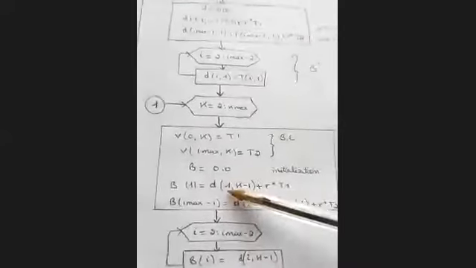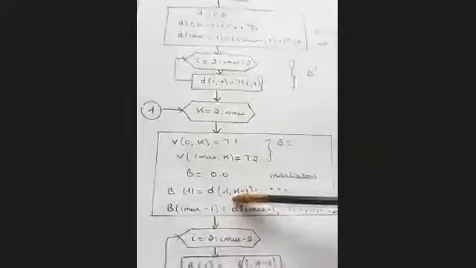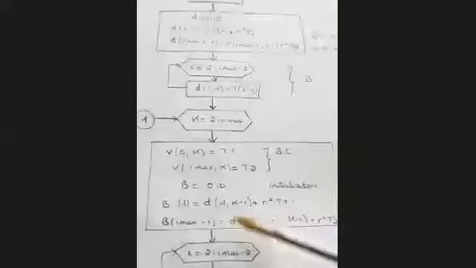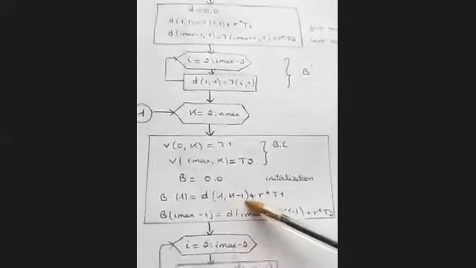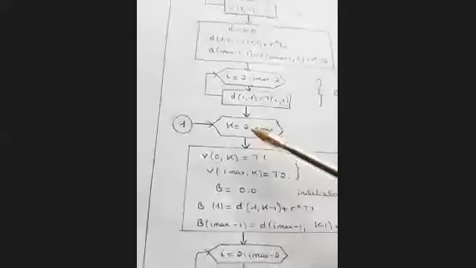Now I define b1, which is the first element, as d, because the first element I already got and want to put in B. I need to replace ti by d now: D1 K minus 1 plus RT1. This is the first element of B for all the timings, from 2 to N max.